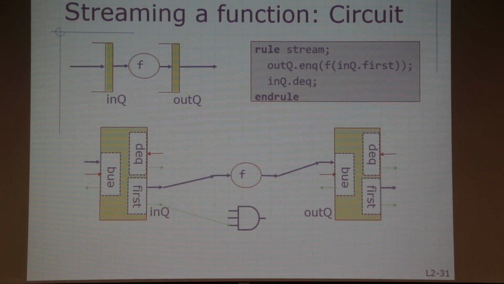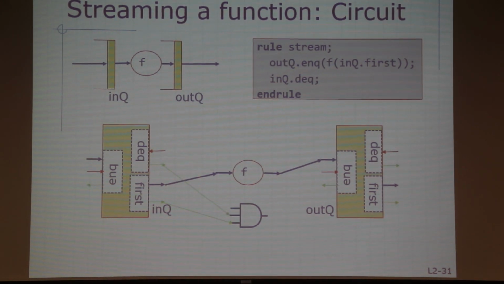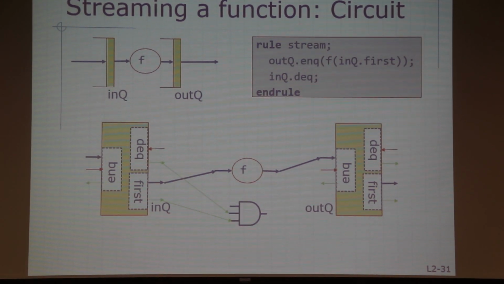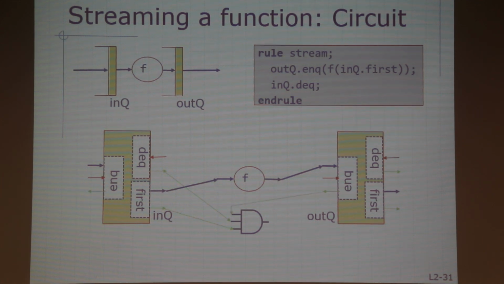This has to be ready, right? And DQ has to be ready. Remember, we have to conjoin all the implicit guards. What is the other implicit guard? Right? And when this is true, then you can go and, yes?